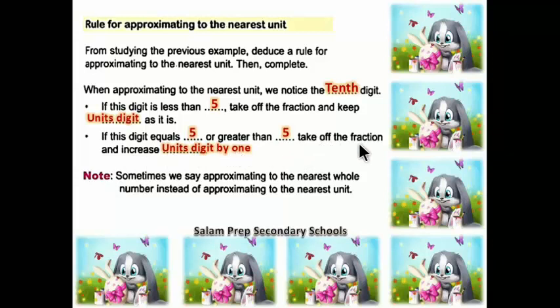Take off the fraction means we will not write digits in decimal part. We will put zeros, okay? Note for you. Sometimes we say approximating to the nearest whole number instead of approximating to the nearest unit.